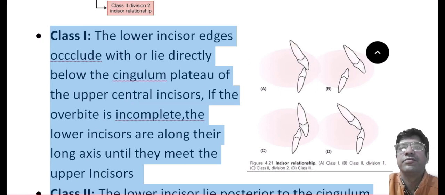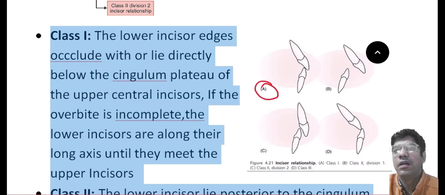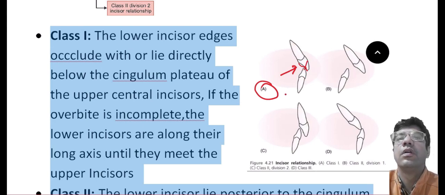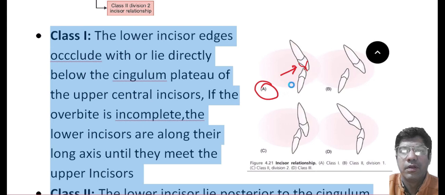So this one is the class 1 incisors, when the lower incisor edges occlude below the cingulum of the upper central incisors. So when there is a small gap between the upper and lower teeth, the lower teeth will touch the upper teeth along their length.